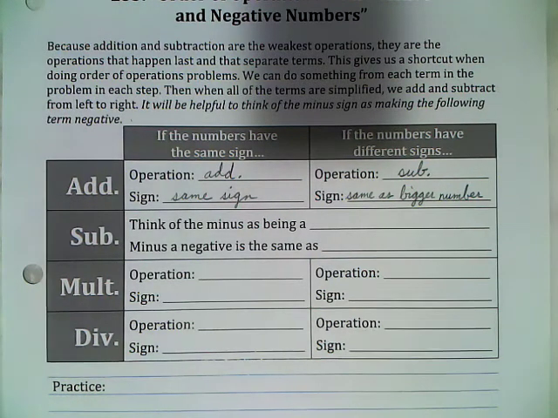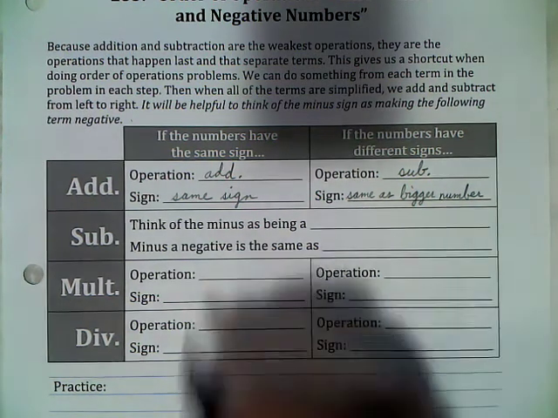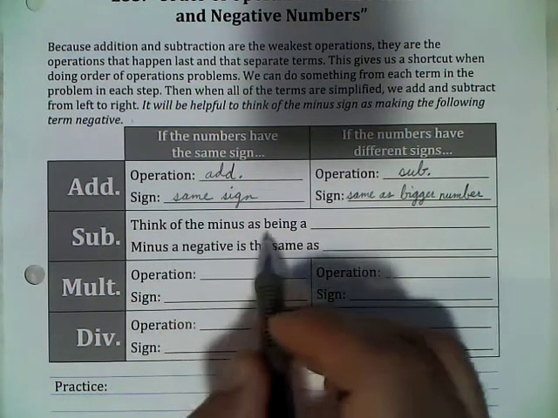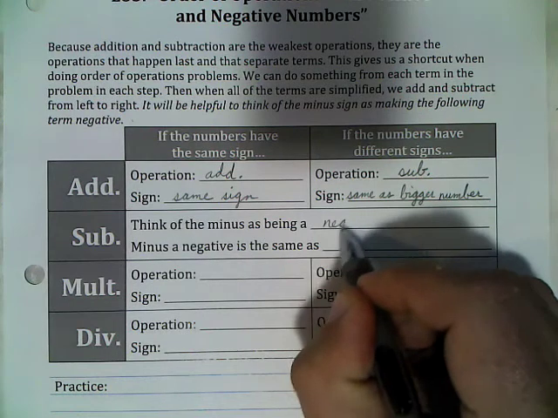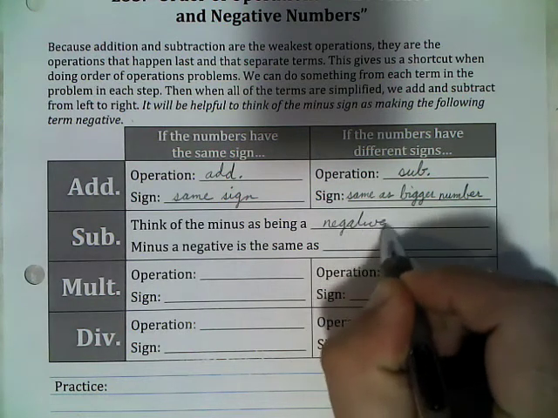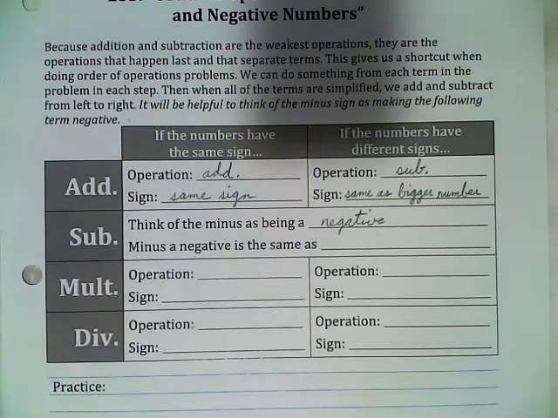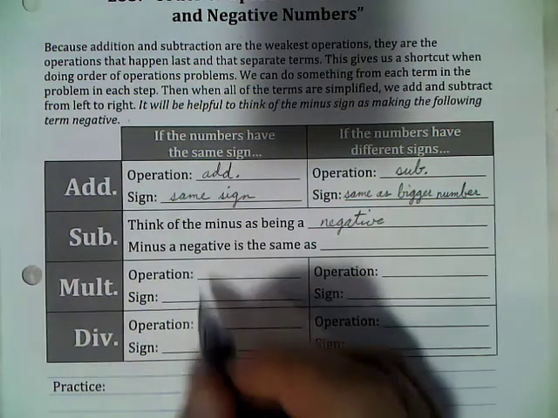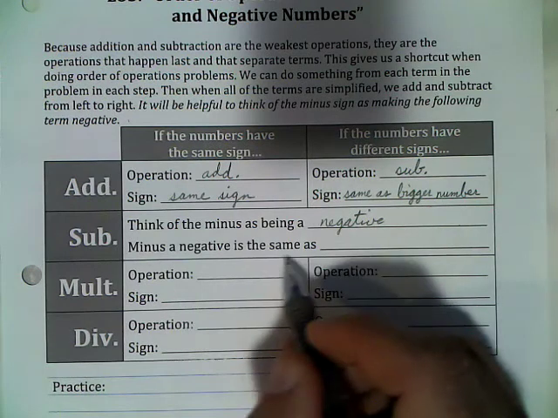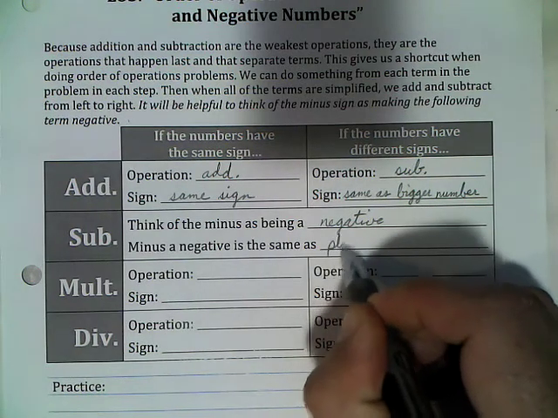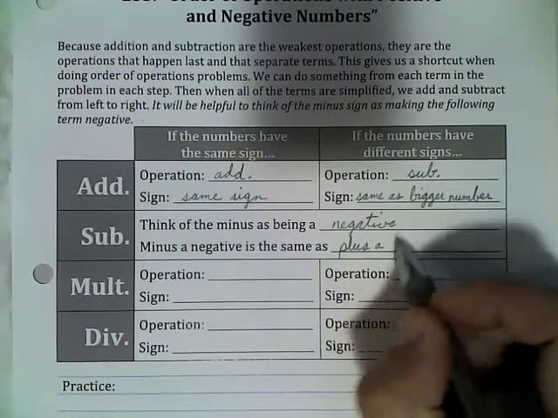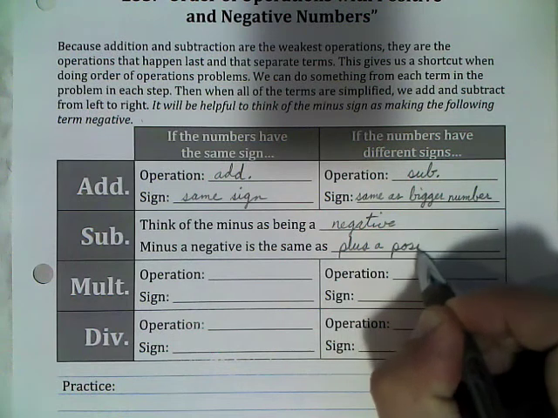When it comes to subtraction, as we've been saying recently, we want to think of the minus as being a negative. And then there's a very important phrase that you need to memorize. Minus a negative is the same as plus a positive.